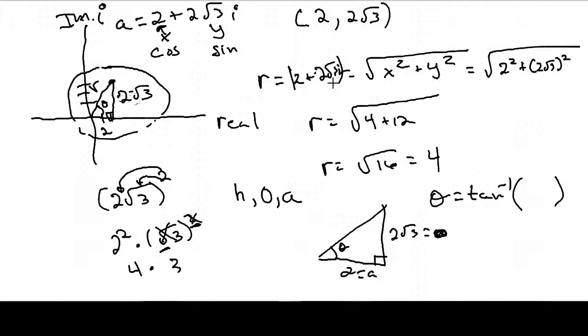Which you could actually get straight out of your complex number. So what number represents the sine side? The 2 root 3. And what represents the cosine side? It's 2. What happens to the two 2's? They cancel out.